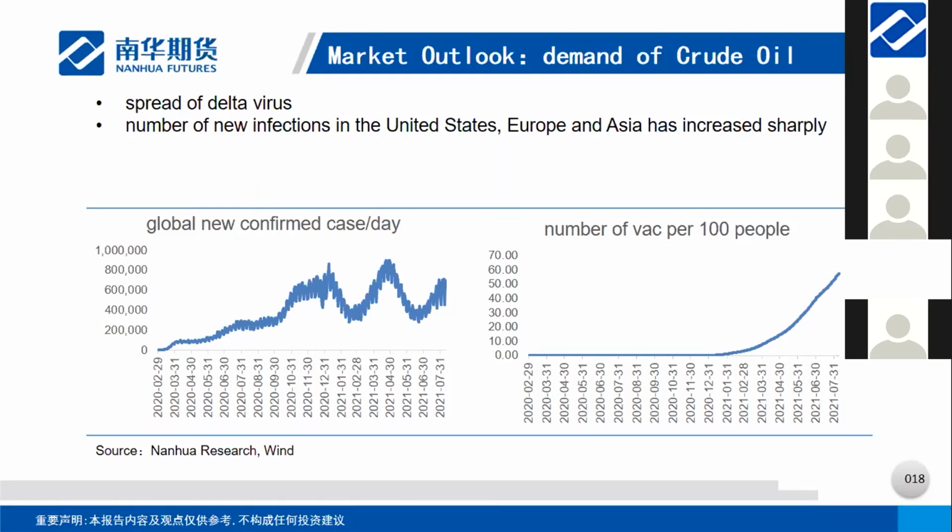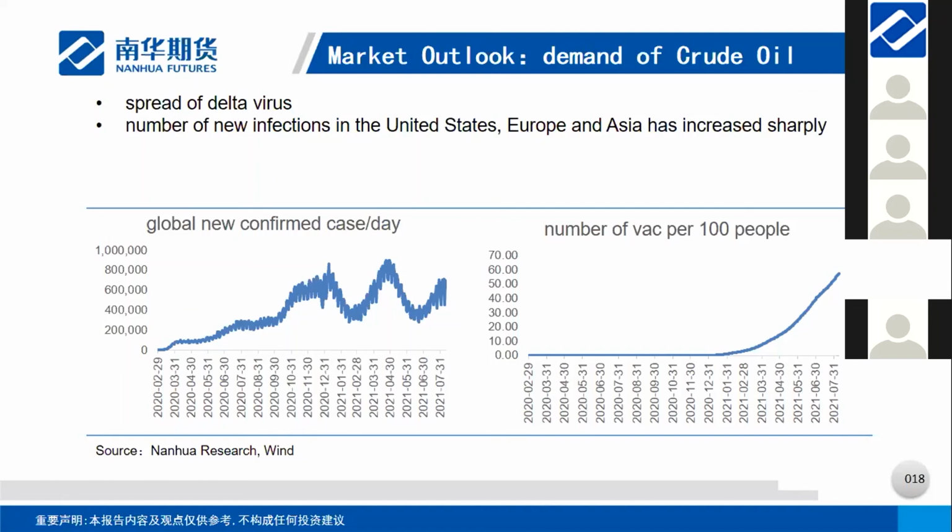However, US production has increased by 100,000 barrels for 2 consecutive weeks, coupled with a significant increase in the number of drilling rigs for 2 consecutive weeks. The market is worried about the recovery of US production.